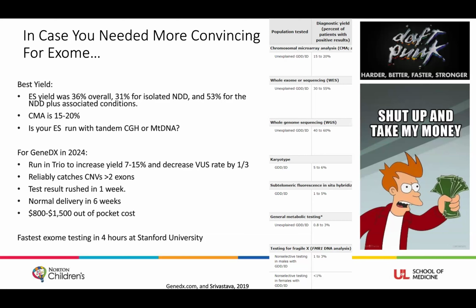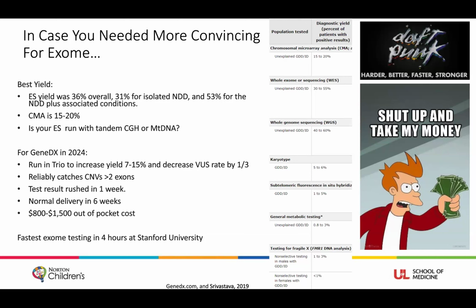And then I just want you guys to remember, did we test mitochondrial DNA, right? And then did we get DELs and dupes, you know, deletions and duplications tested when we ordered this? So for GeneDx, which is our popular brand, the one that we use, if you run it in trio, it's roughly a 10% increase to your yield.